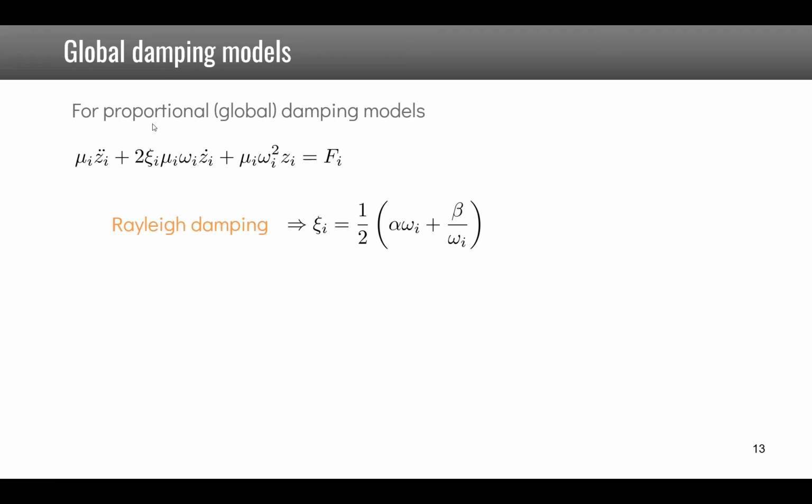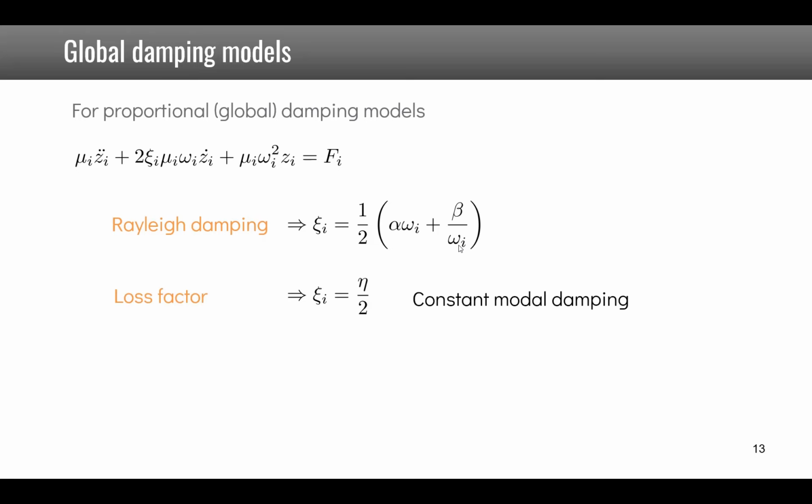One way is if you use the Rayleigh damping hypothesis, which states that the C matrix in the physical coordinates is alpha K plus beta M, then you will have xi_i equal to 1/2 (alpha omega_i plus beta over omega_i). So you have two coefficients to set the shape of the evolution of the modal damping coefficients.